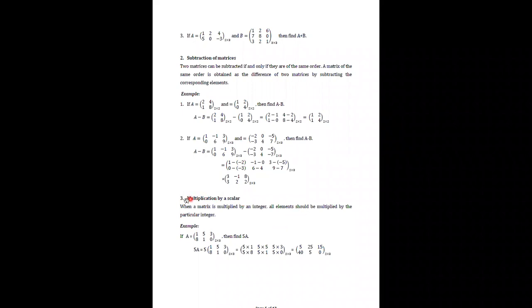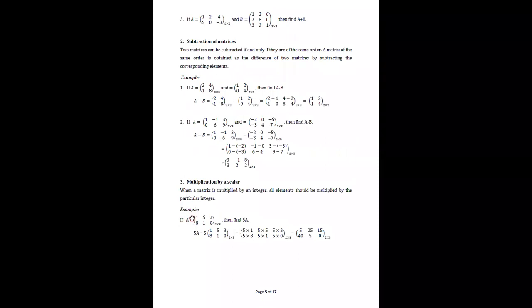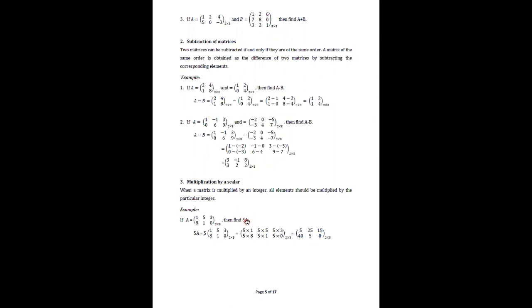Therefore, if I consider an example of multiplication of a matrix by a scalar, we can see that matrix A is given as 1, 5, 3, 8, 1 and 0, having the order 2 by 3. And if you are asked to find the value of 5 times A, we can see that 5 is a scalar, or just an integer, and A is given as a matrix.